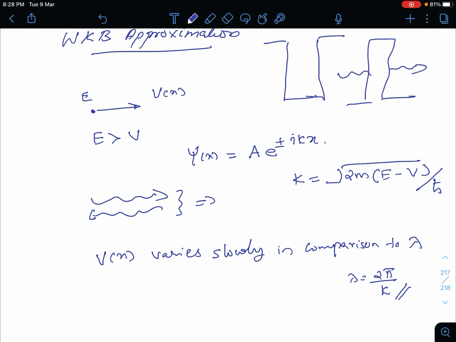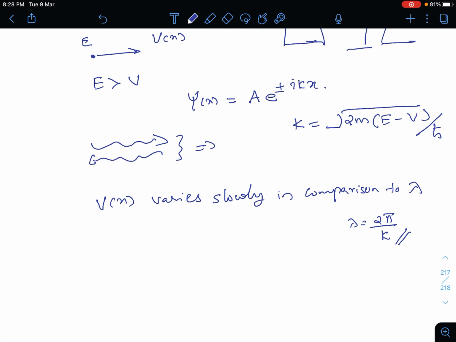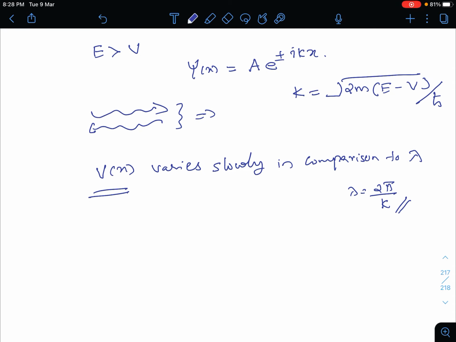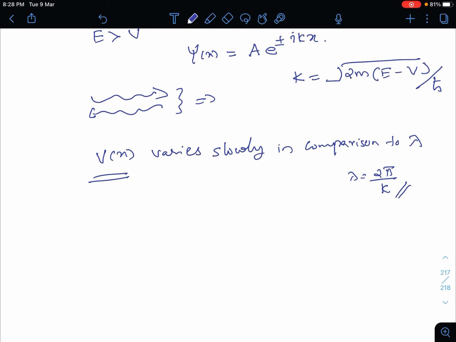So compared to lambda, if V is varying very slowly, there are many waves within the variation. If V of x is varying very slowly compared to the wavelength, then essentially V of x can be treated as a constant. Then it is reasonable to suppose that psi remains practically sinusoidal.